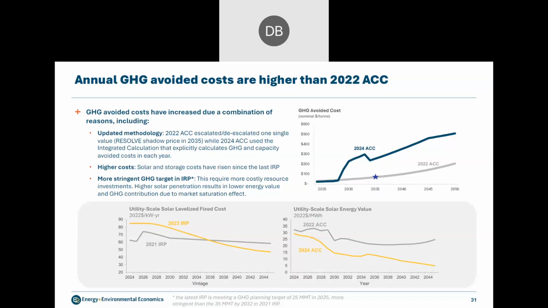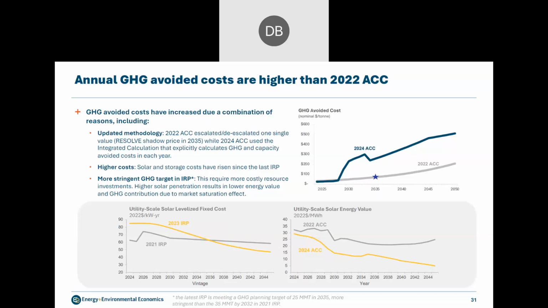For reference, the current IRP is planning for a 25 million metric ton target in 2035, which is much more stringent than the 35 MMT by 2032 in the previous IRP. And that more stringent GHG target has two major impacts. The first is that with a more stringent target, the IRP is investing in more expensive resources. That's again an increase on the cost side.